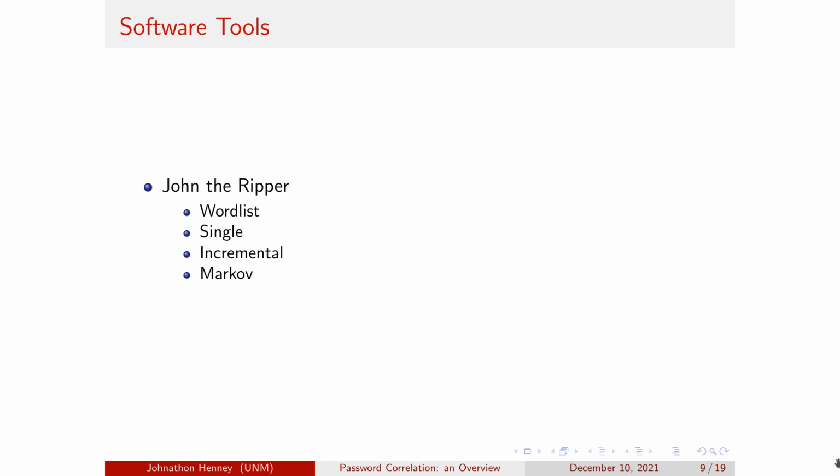And then they dug into the John the Ripper tool, which they discussed had 4 different modes. These were the word list, the single mode, and the incremental and Markov modes. The word list took a dictionary and a hash table and ran that against a password hash, and then the single took a password hash and another parameter such as a username or an email, and would run that against various data sets or targets.